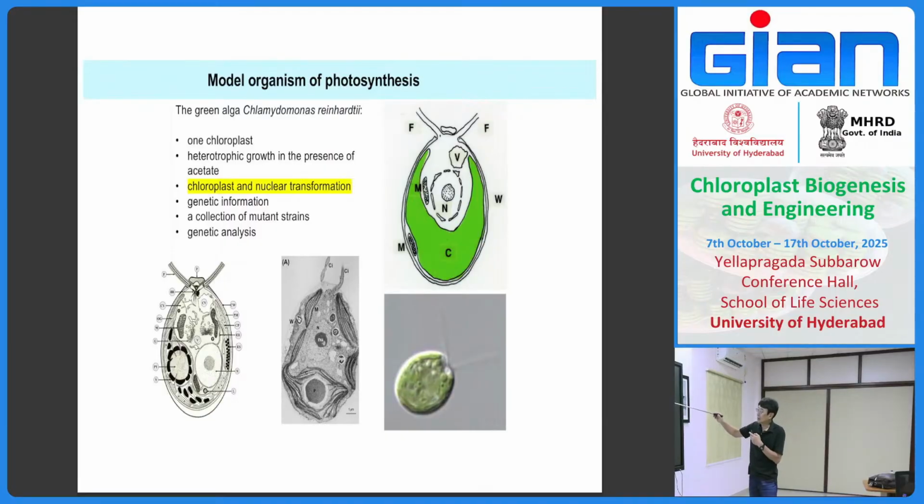And the chloroplast is surrounded by two membranes, the outer envelope membrane and the inner envelope membrane. So DNA is here. If you want to transform the chloroplast DNA, you have to deliver the DNA into the chloroplast. But there are at least four layers that prevent the introduction of DNA from the outside.